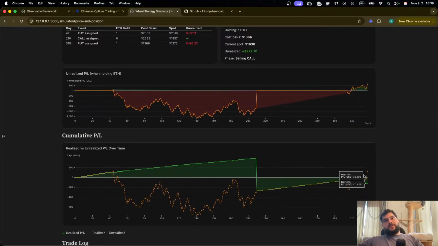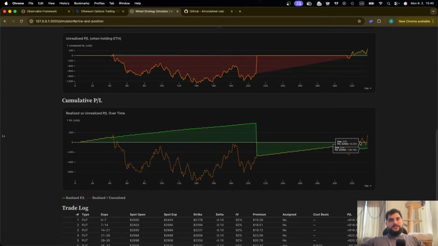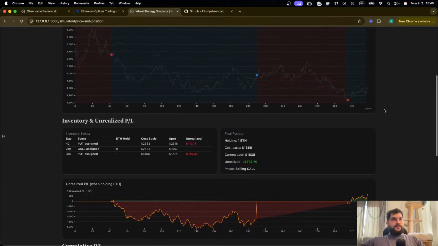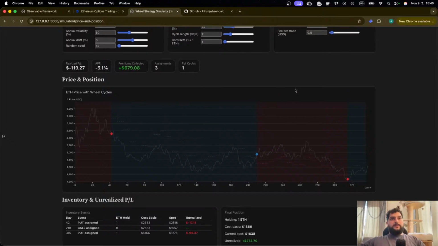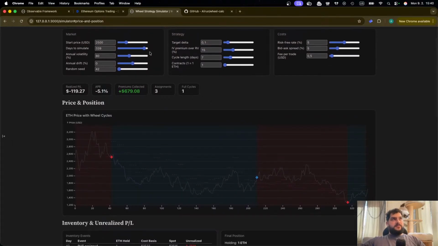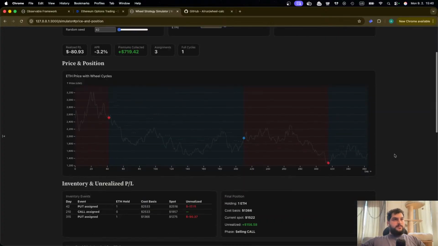Yeah, so here is the moment when you can actually take profit, instead of waiting and risking, especially since unrealized PNL has already grown. Let's take a look at what's happening. Yeah, then it gives us negative PNL and APR, so not that good a strategy.